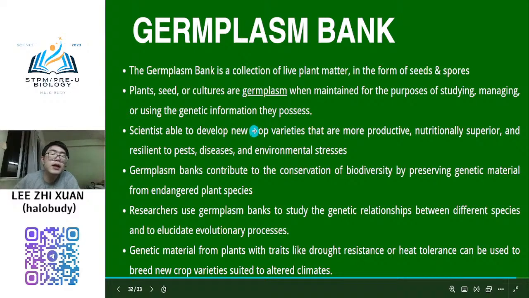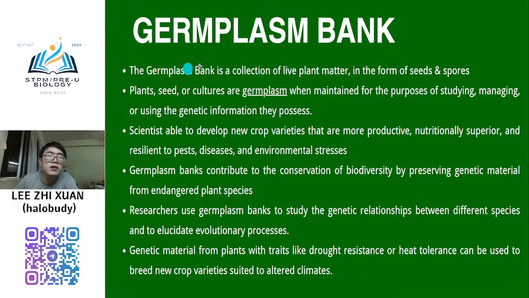Okay, so another one is germplasm bank. This one is for plants. Just now, all of them were about animals. This one is very special for plants. So normally they store seeds or spores. Normally these plant seeds or plant cultures are germplasm when maintained for the purpose of studying, managing, or using the genetic information.